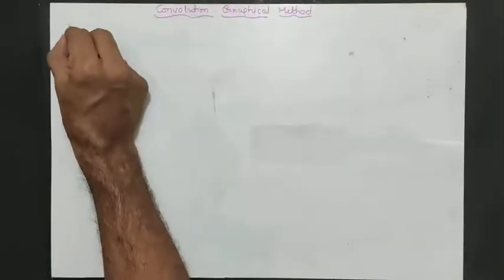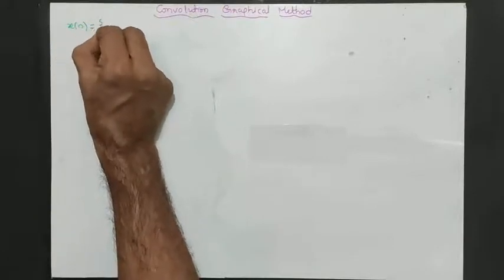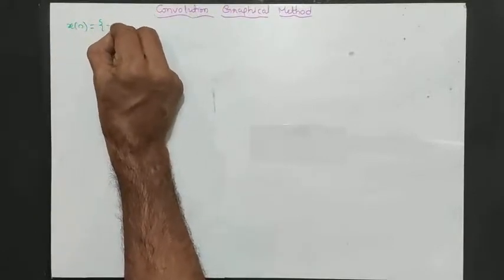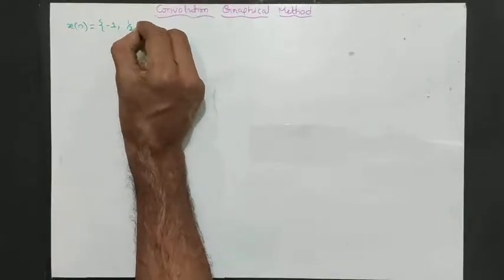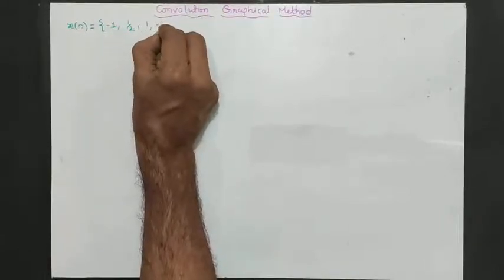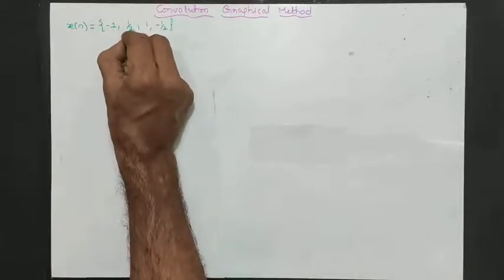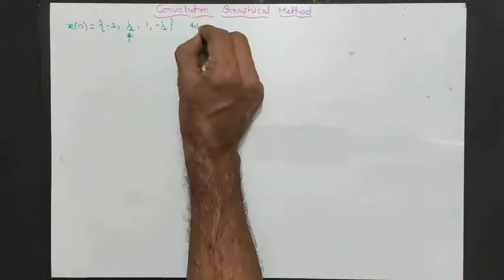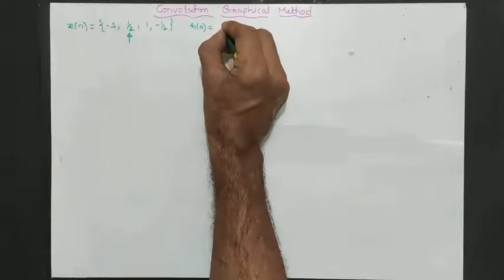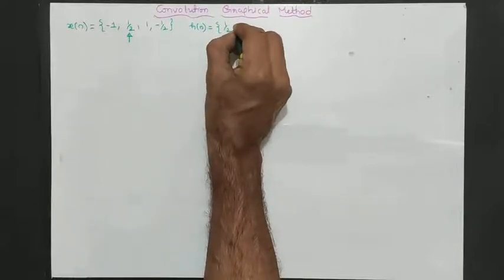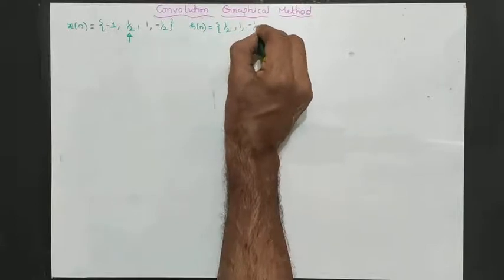Okay, today's class let us understand about the graphical method to solve convolution. Last class I had solved a problem where x of n was given as -1, half, 1 and -half, with the 0th instant marked, and h of n was given as half, 1 and -half.